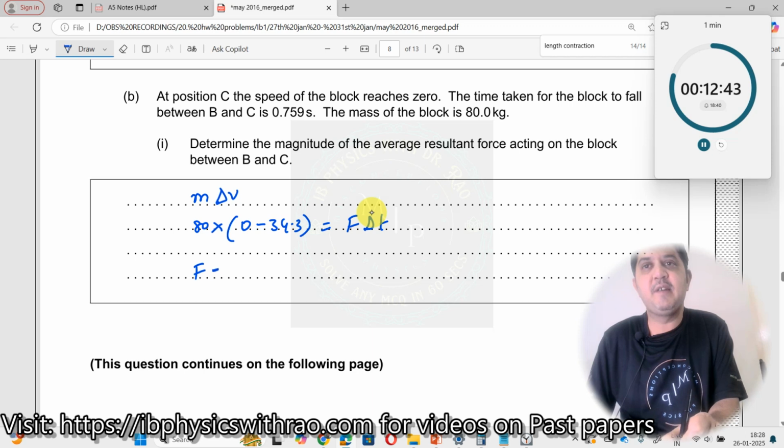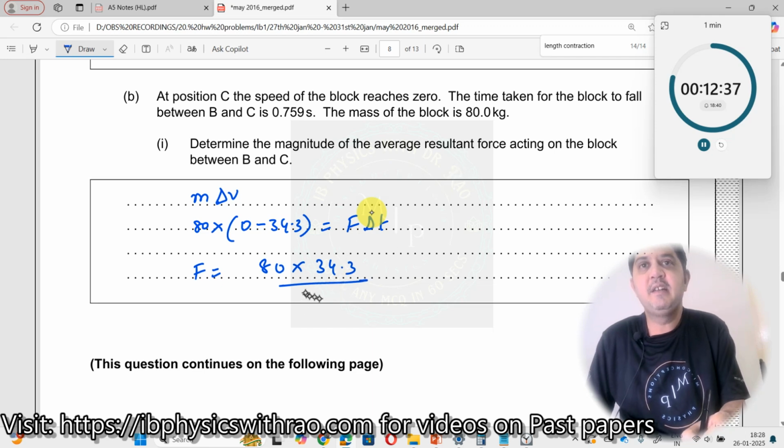So your average force F should be equal to 80 into 34.3 divided by delta T. What is delta T? Delta T is nothing but 0.759 seconds. Of course, there is a negative sign here. But you see here, it is asked about the magnitude of the average force, so the negative sign is not required.